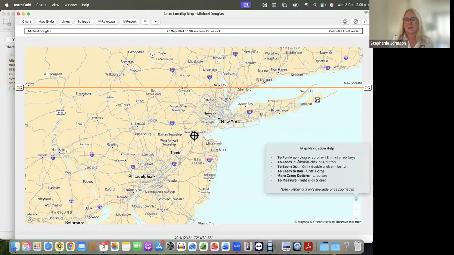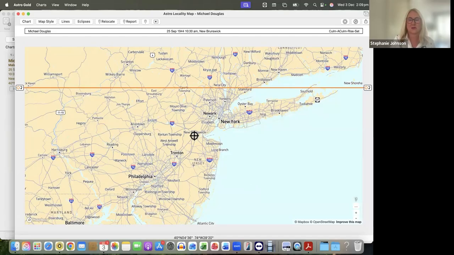This has got some map navigation help. So if you're not sure what to do with these new maps, here's what you can look to. To pan the map, you can drag or scroll or Shift plus the arrow keys, etc. So if you're not sure what to do, you can do that.